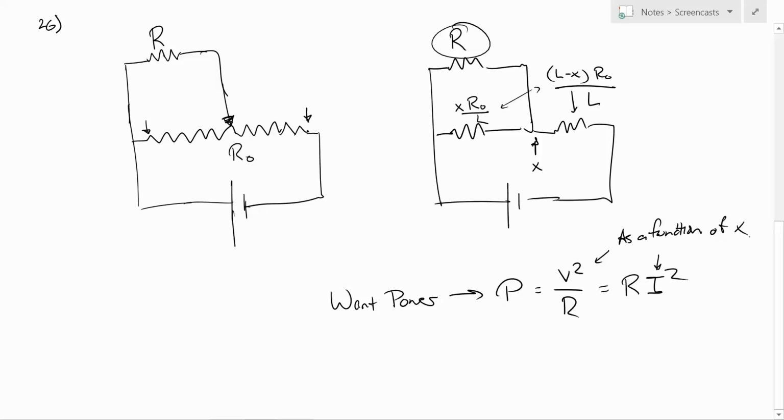But the avenue you're going to want to take, more or less, is that you want the total resistance as a function of X. You can choose to either write that down by trying to get R equivalent, which can work a little messy, or you can write this down as a series of loops. It's a single branch circuit, so try to solve that down and find the current. That would probably be your best bet.